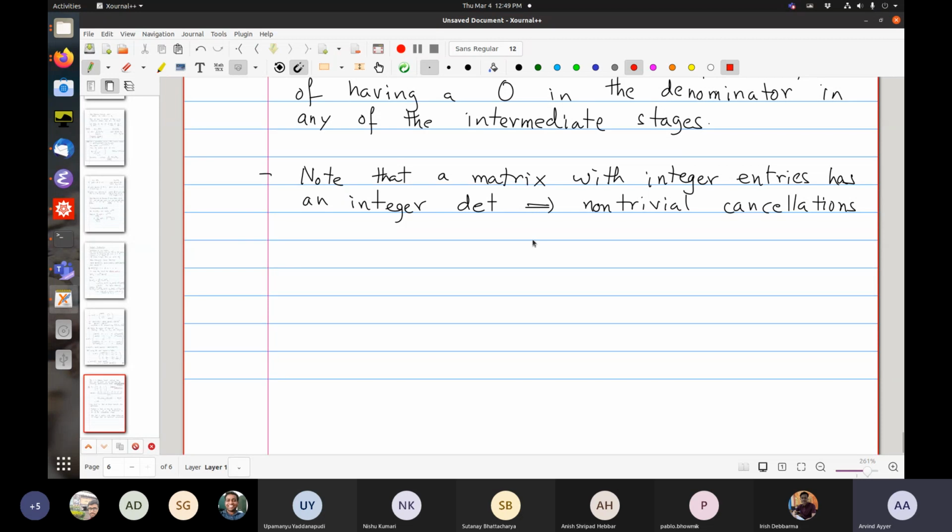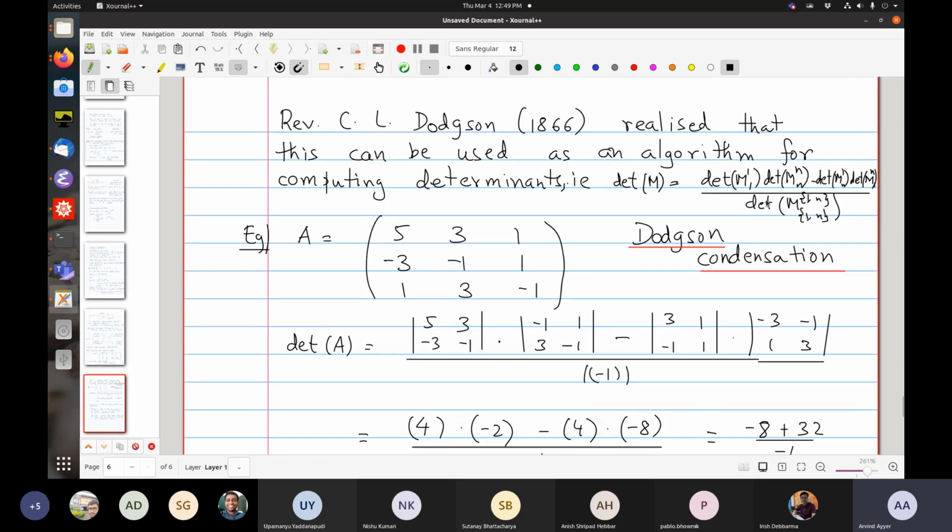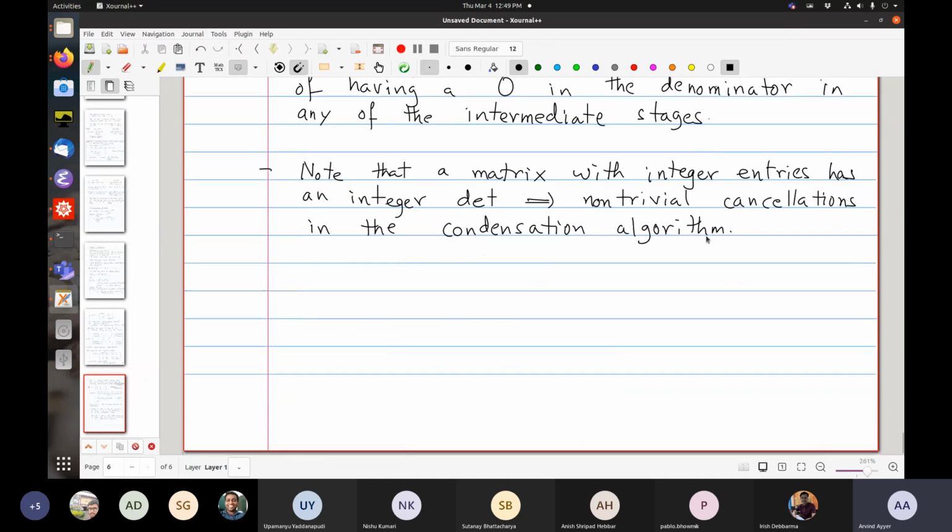So there are non-trivial cancellations in the condensation algorithm. There is some magic going on from this point of view, and people also work on this, and I'll tell you more about this soon.